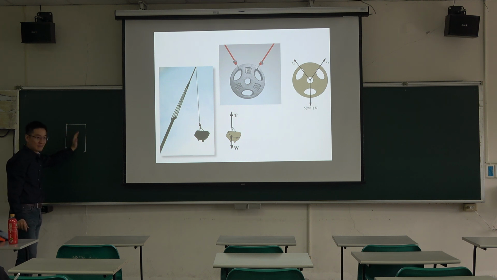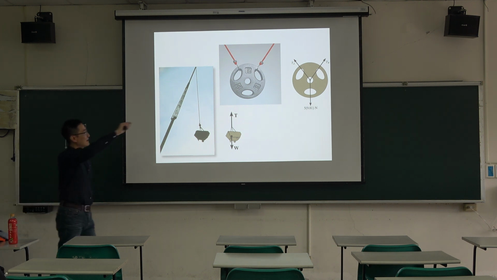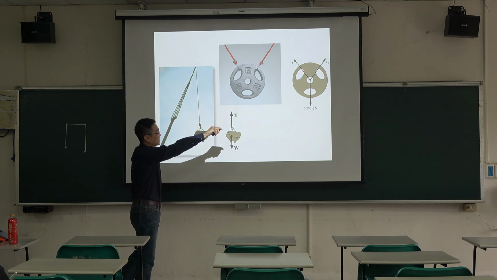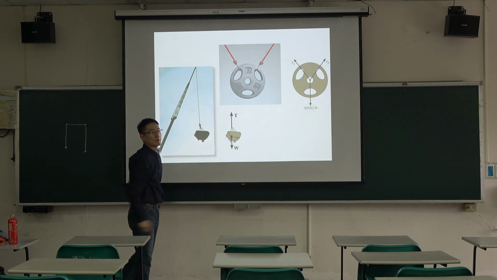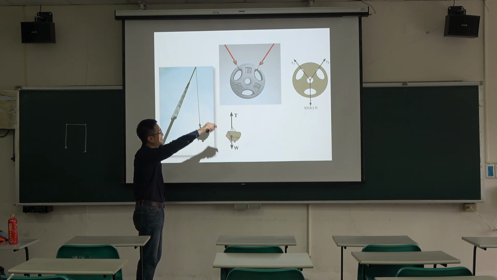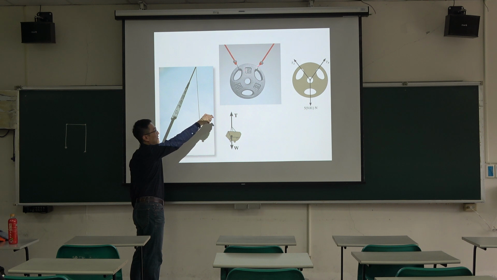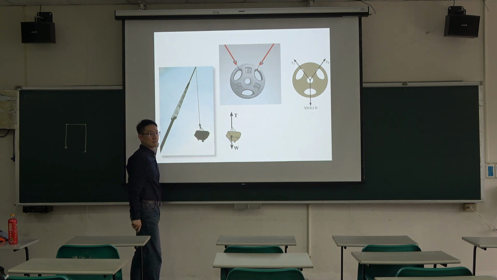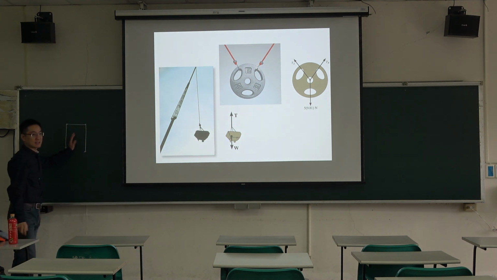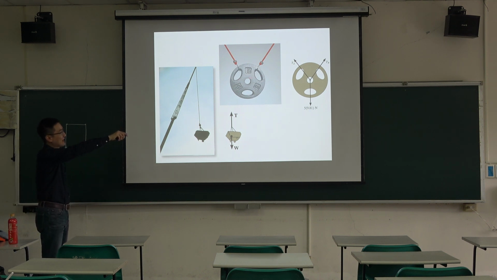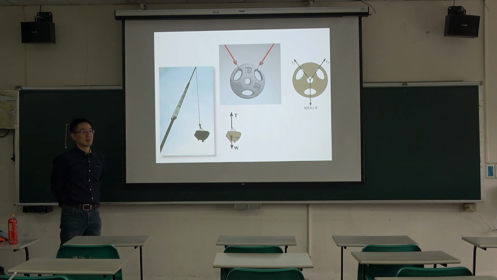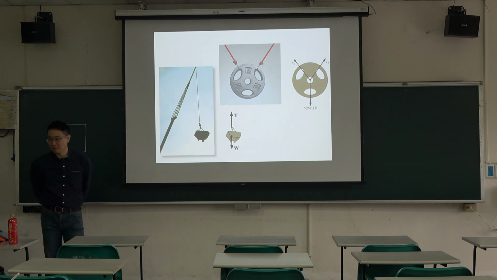But this simplification cannot analyze local values or regional values. For example, if a very strong force is applied to this element, probably damage will happen here or here. But if we use a simple system, we cannot identify local values. Okay, clear? So that's a practical problem.